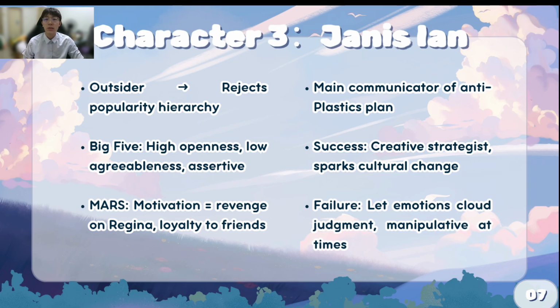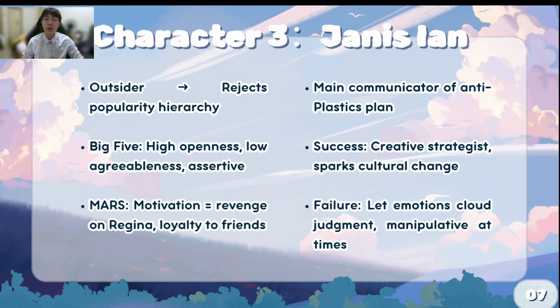When you look at the MARS model, her major drives come from two places. She wants to get back at Regina, and she's very loyal to her friends, Damian and Kelly. Almost everything she does in the story is affected by this force. Janis is also in charge of spreading the word about the plan to bring down the Plastics.